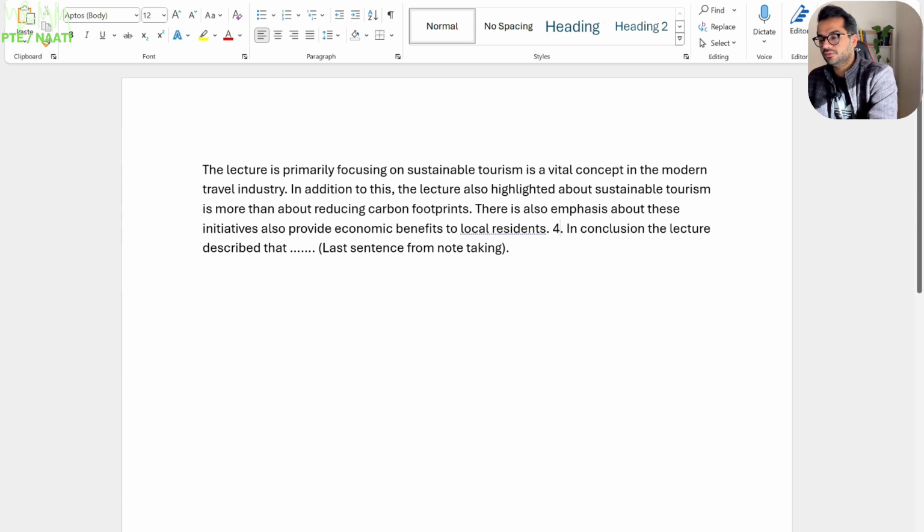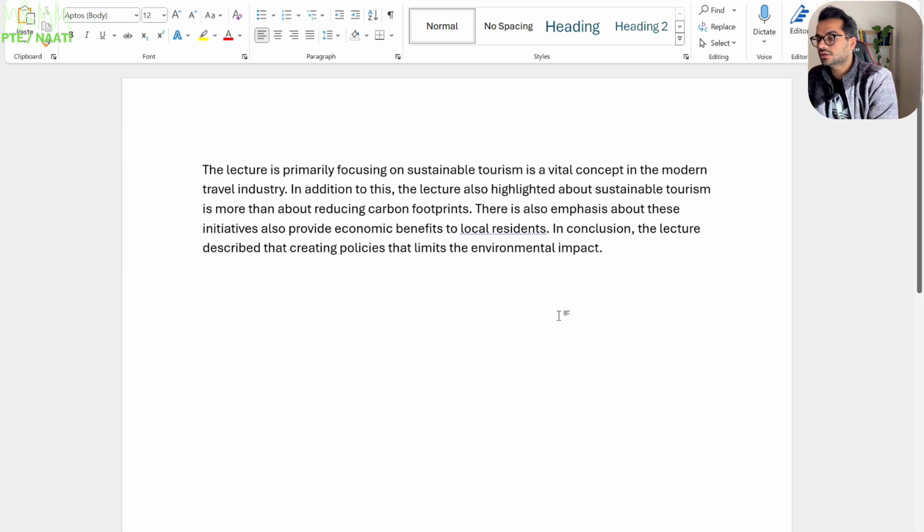And then I'll remove the number 4. In conclusion, comma, the lecture described that creating policies that limits the environmental impact.